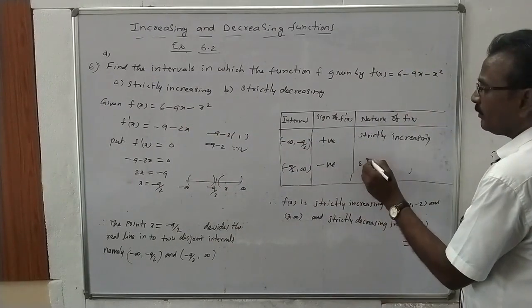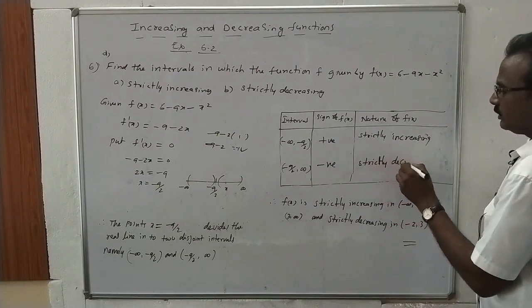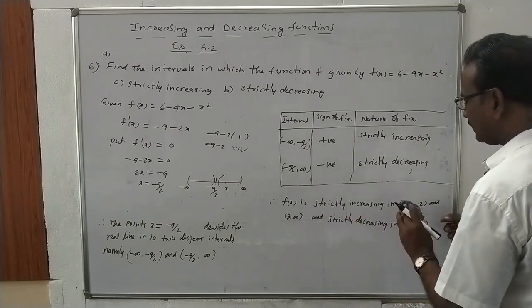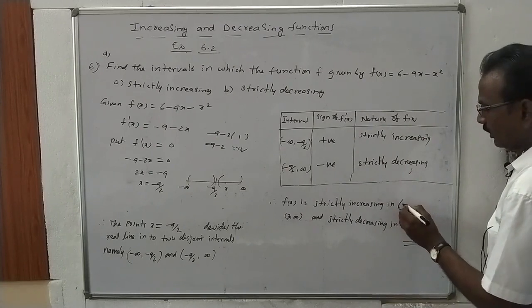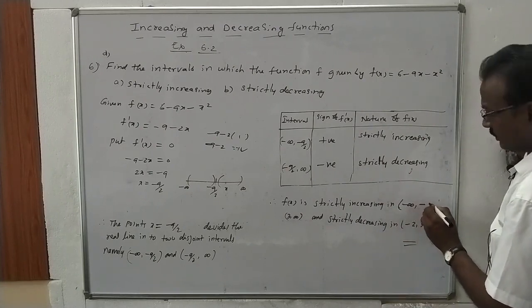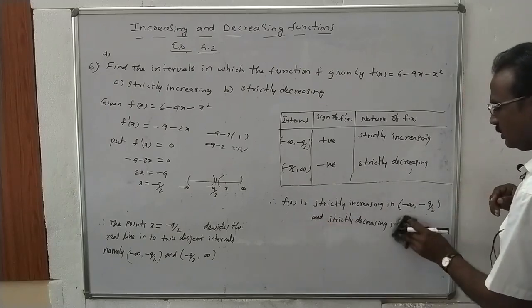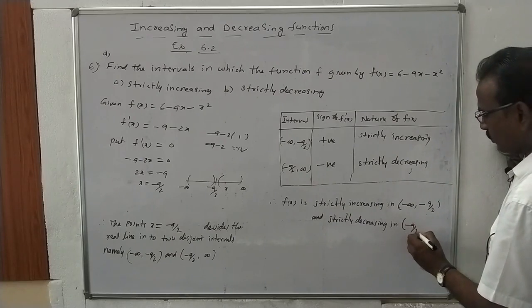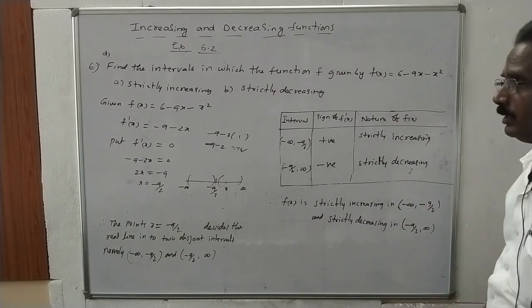So therefore strictly decreasing. Therefore f of x is strictly increasing in the open interval minus infinity comma minus 9 by 2, and strictly decreasing in the open interval minus 9 by 2 comma plus infinity. In these intervals increasing and decreasing.